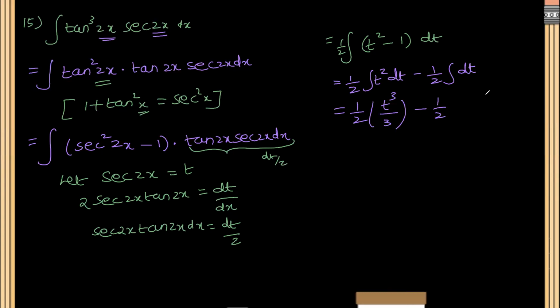And integration of dt is t plus c. Now replacing t in terms of x, we have taken it as secant 2x. That will become secant cube 2x, the whole by 2 into 3, 6, minus secant 2x by 2 plus c is the final answer.